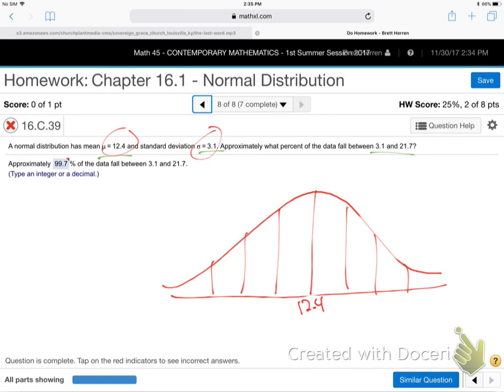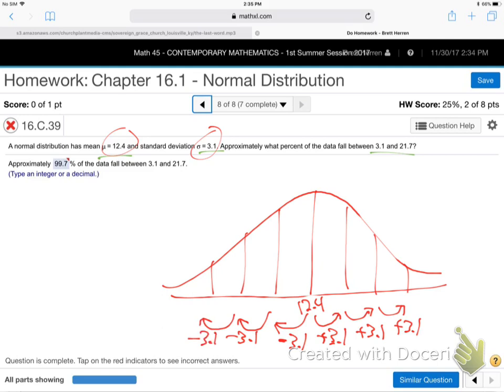And then the standard deviation, that's the jump amount from line to line, isn't it? Y'all tracking with me? So that means I can just add 3.1 and then add 3.1 again and then add 3.1 again. And then the other way, I will subtract 3.1, subtract 3.1, and subtract 3.1.